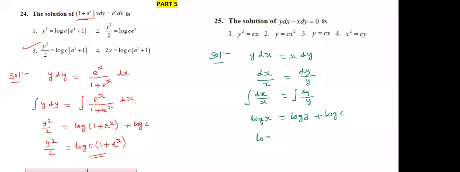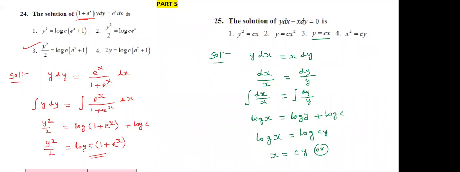So log x is equal to log a plus log b, that is log ab. Now we get the answer: x is equal to cy, or y is equal to cx.